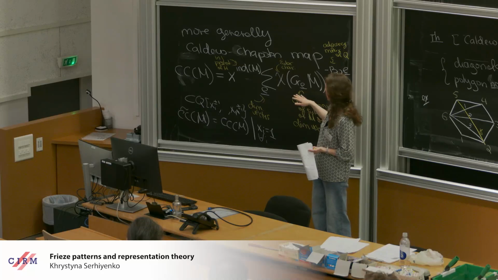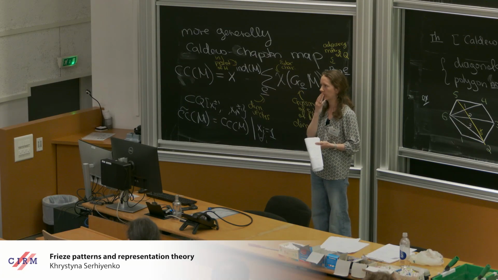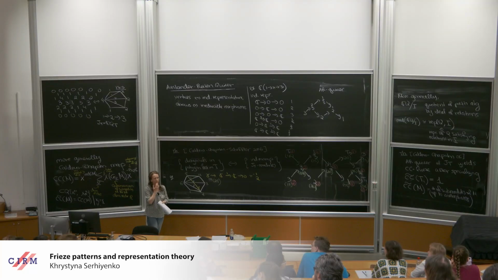But this is somewhat awkward because the Euler characteristic is not in general positive, right? Yes, but for quiver representations, I think it will be positive. I think not in general. For Jacobian algebras, let's say.